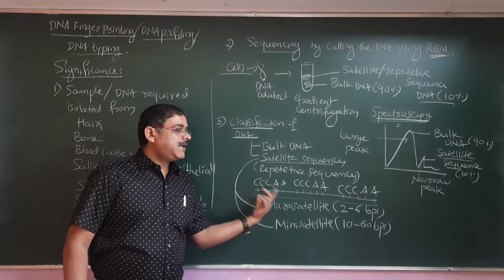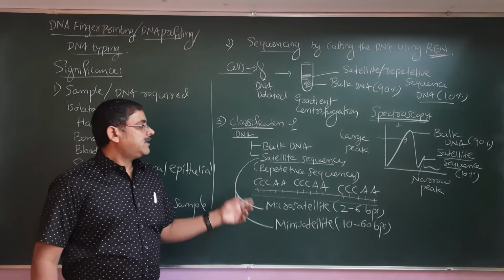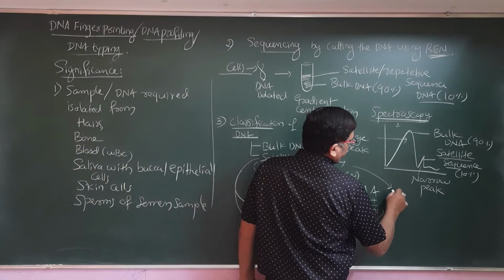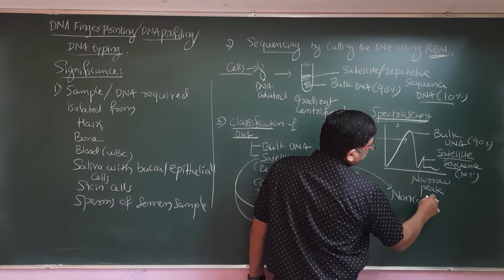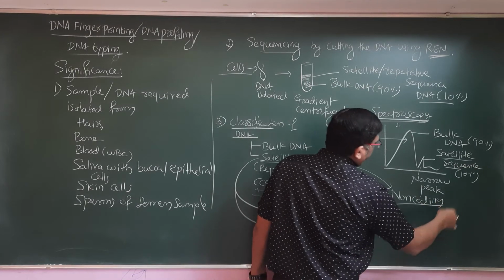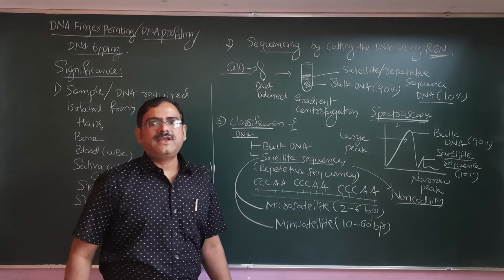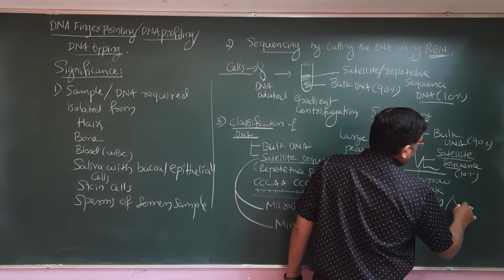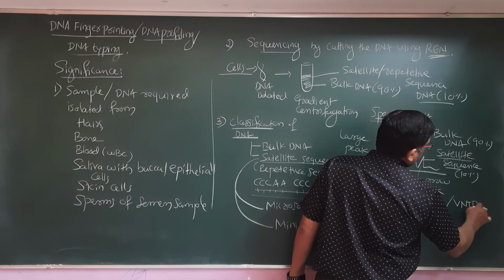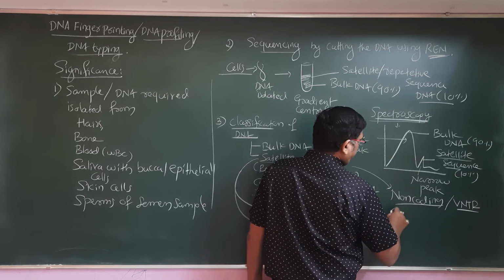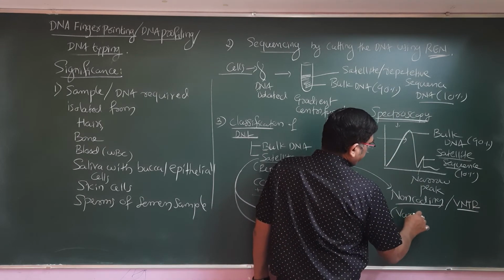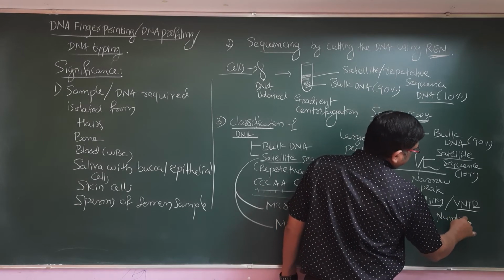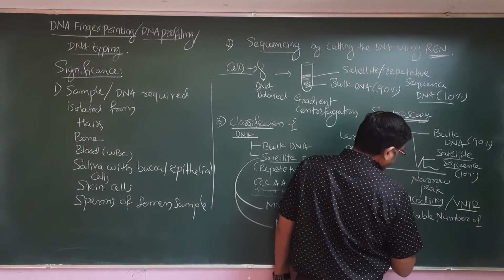The repetitive sequences are very unique, and they are non-coding. Sometimes these are also called VNTRs. What is VNTR? It stands for variable number of tandem repeats.